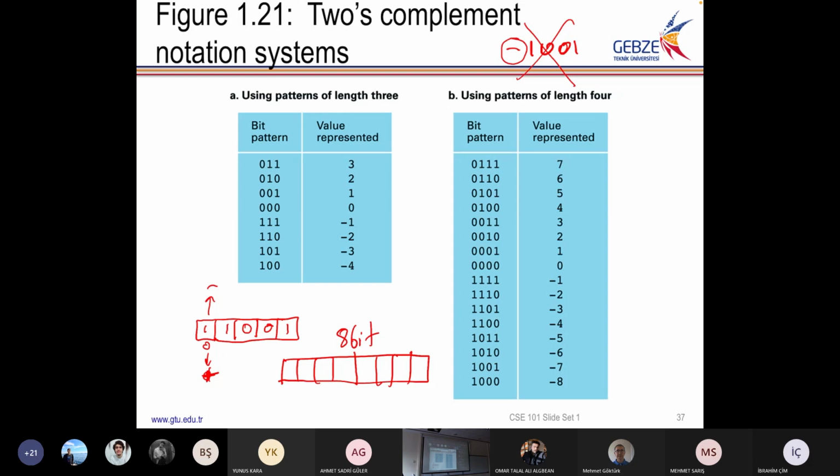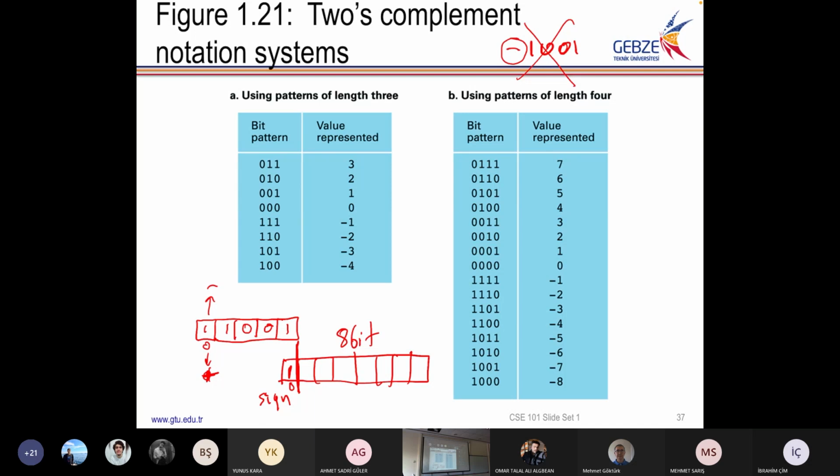So the leftmost bit is reserved as the sign bit. If there is 1, it is negative. If there is 0, it's positive. The rest is interesting. But there is some slight difference.